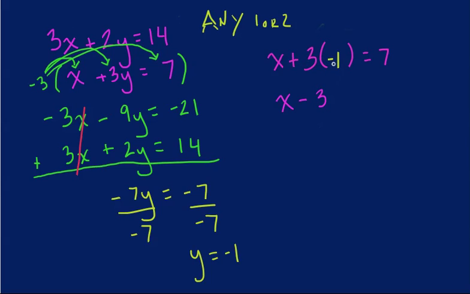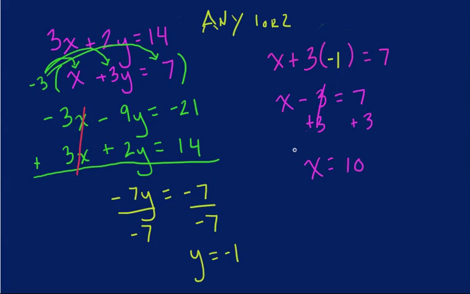So 3 times negative 1 is my negative 3, that's why it's there, is equal to 7. Actually, I moved a step ahead for you guys. We add 3 to both sides. I already gave you guys the answer, and then x is equal to 10.